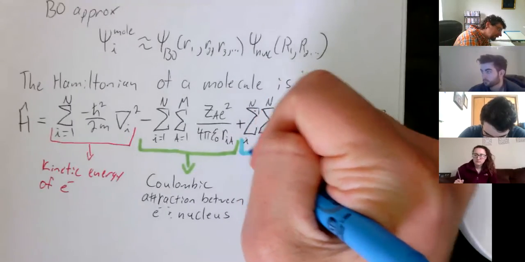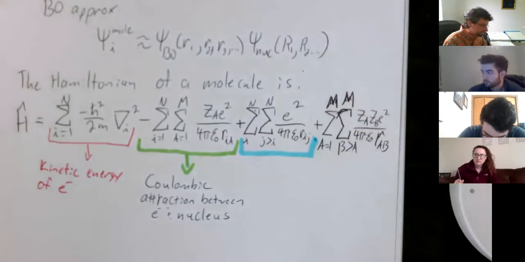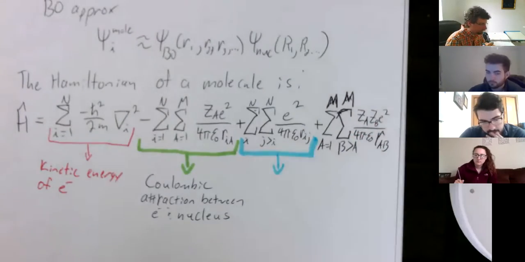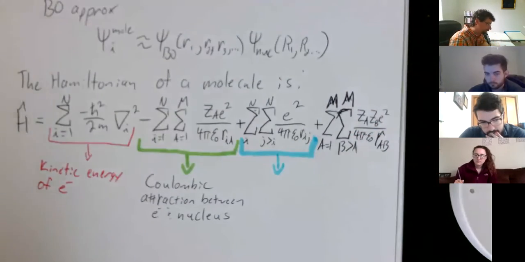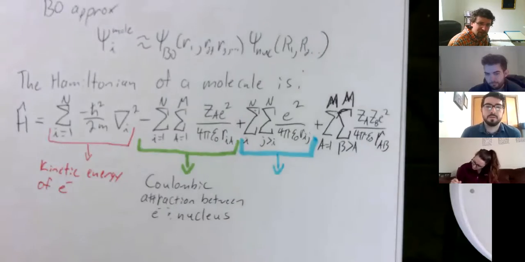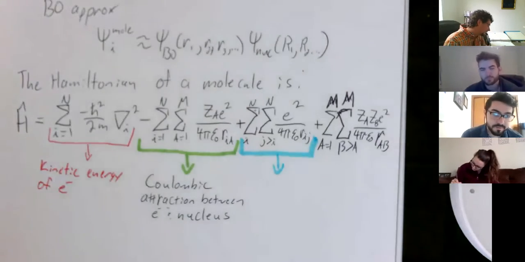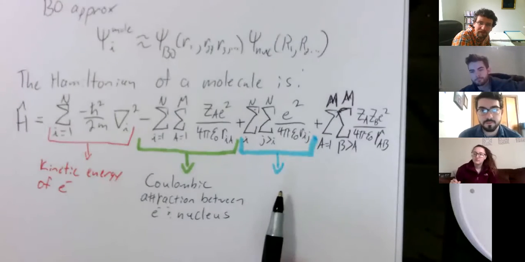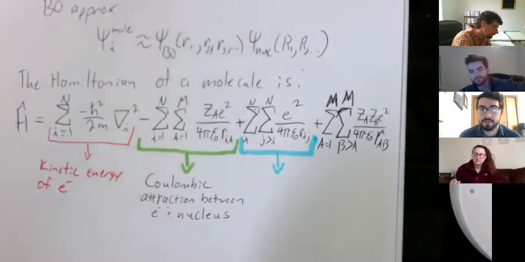The next term. Attractive or repulsive? Repulsive. How'd you know, Josh? Positive sign there. Yep. Okay. So what is it? Electron repulsion.